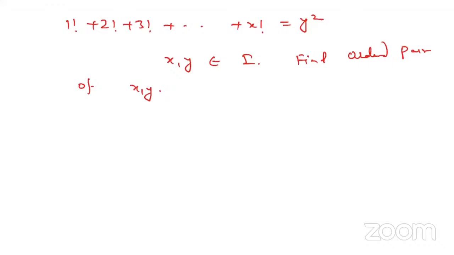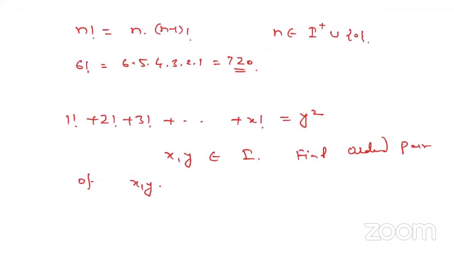This is for Olympiad. The student may be in class 9, 10th or 11th, and all the students have the same thing for Olympiads. It's a new type of mathematics, so you have to understand this.